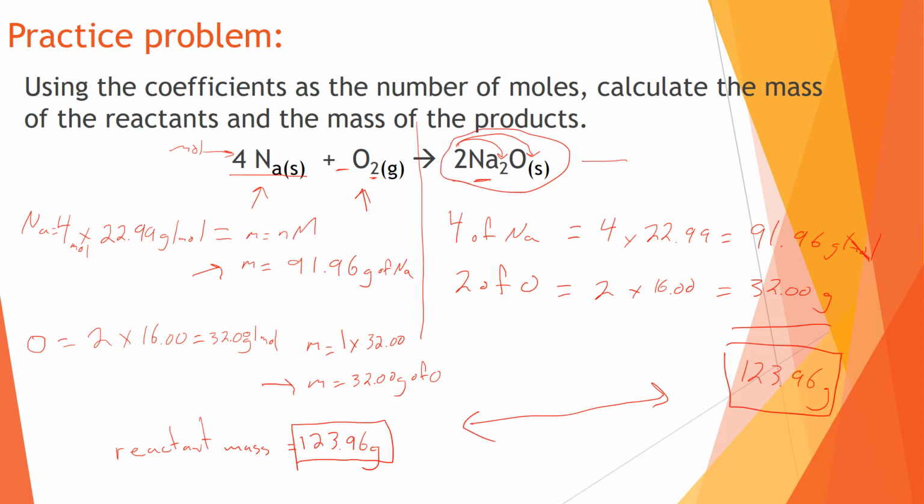If I were to weigh these, I would get the same mass: 123.96 grams of sodium and oxygen, and 123.96 grams of sodium oxide. So Lavoisier's law of conservation of mass is proven here, and you can do this with any chemical formula.